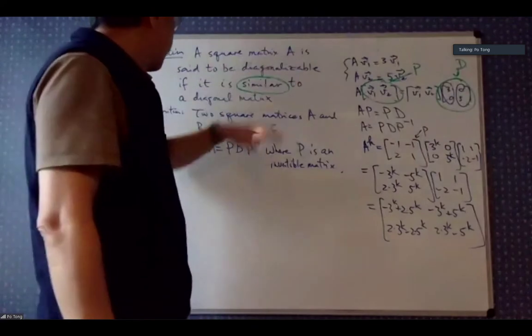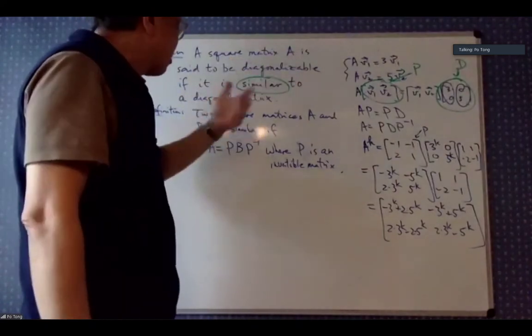And a square matrix A is going to be diagonalizable if it's similar to a diagonal matrix.